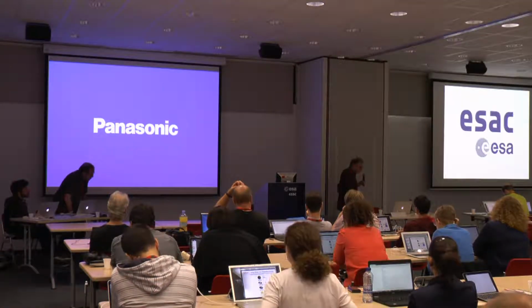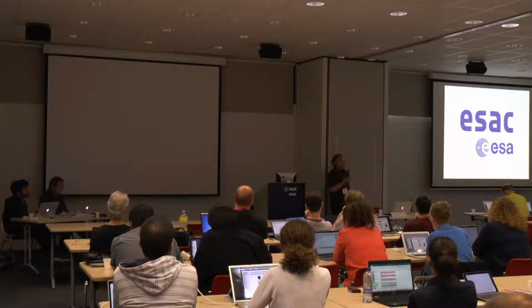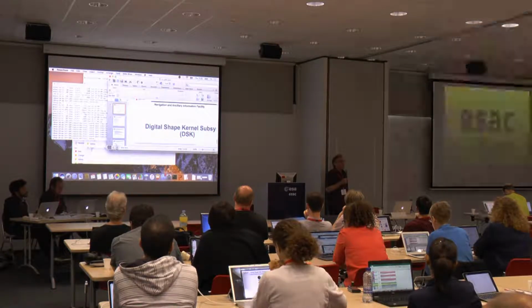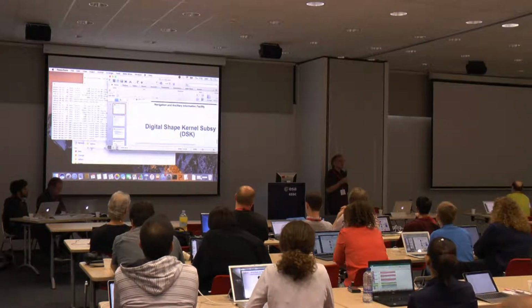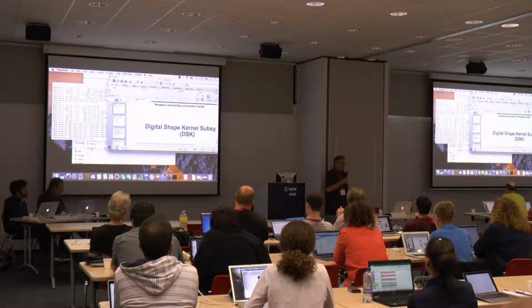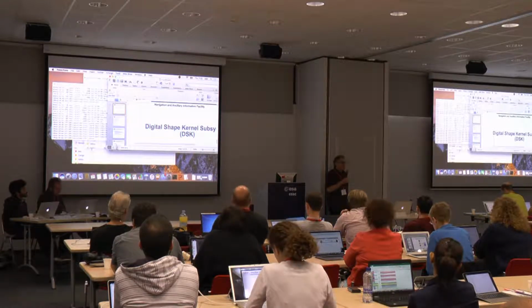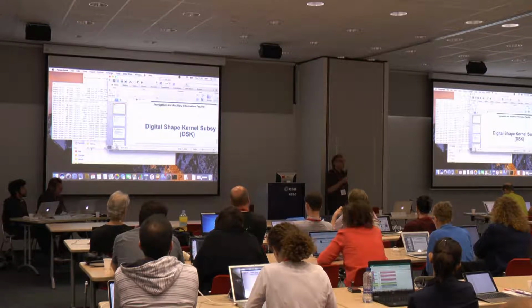Okay. Just one background comment about DSK. I think it would be a natural question as to why does SPICE have a DSK system? After all, there are great data systems that work with shape data already. A lot of these are highly evolved. The purpose is what we said in the first bullet on the first slide, which is that what we're trying to do here is make it easy to conveniently use shape data in SPICE computations.